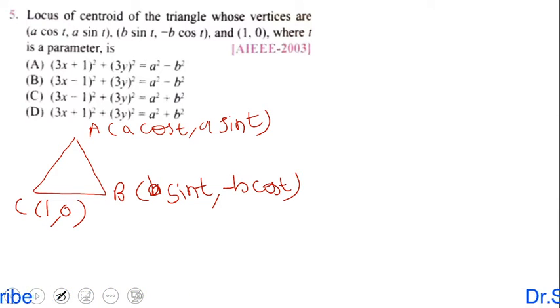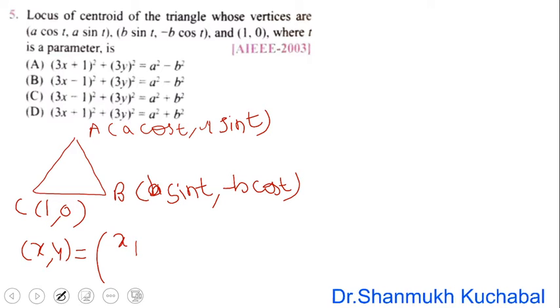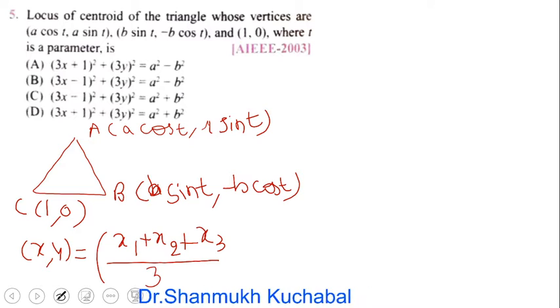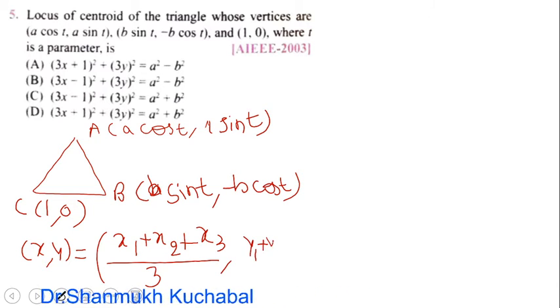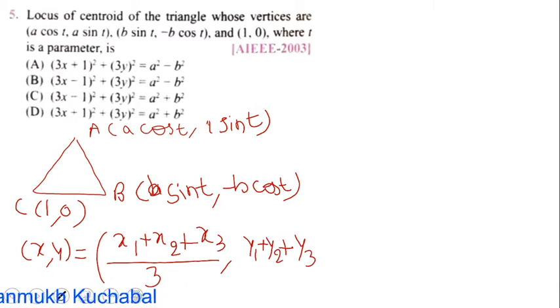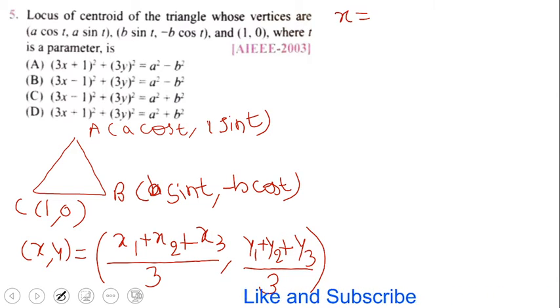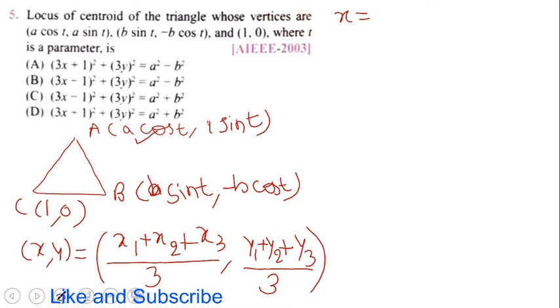Centroid, the formula is x comma y equal to x1 plus x2 plus x3 divided by 3, and y1 plus y2 plus y3 divided by 3. So this is the formula. So we have to substitute all these values here. So we get x as x1 plus x2 plus x3. x1 is a cos t, x2 is b sin t, x3 is 1.